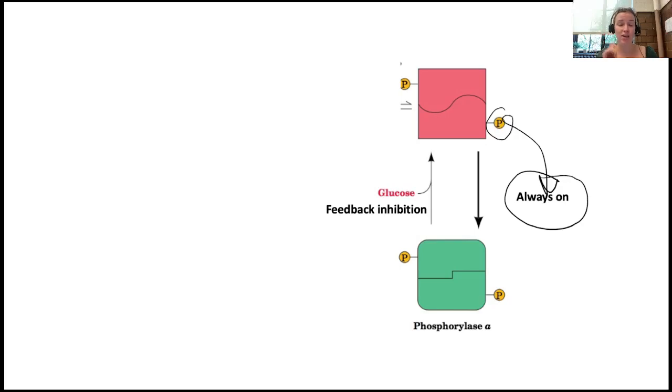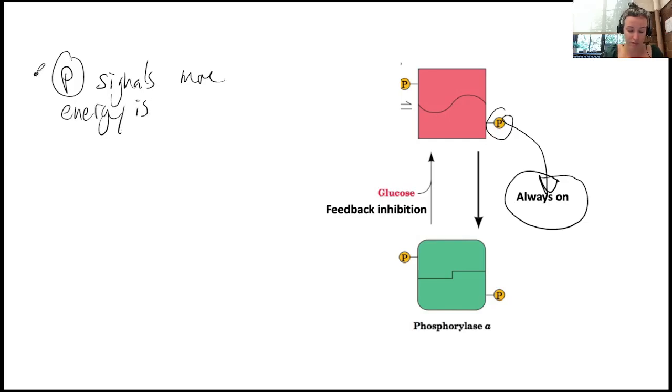We need energy. So a phosphorylation event signals more energy is needed. Get this enzyme turned on and breaking down that glycogen, releasing glucose.